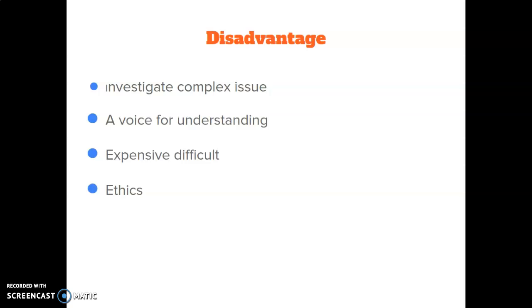Some of the things you say, people may not accept. It is expensive and difficult, because you have to spend more time, and the equipment you use may be a bit expensive. The next one is ethics. Sometimes writing about some sensitive area will be unethical, so you have to be careful when you write ethnographic research.